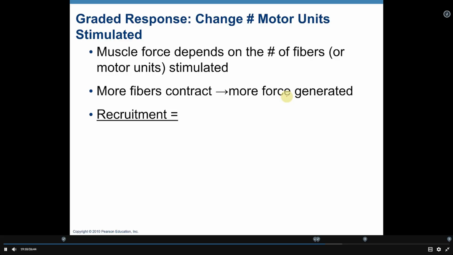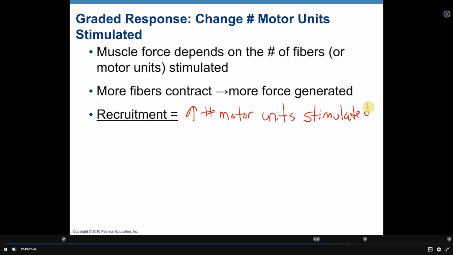This action, where you're increasing the number of motor units that are stimulated, is called recruitment. So think of it this way. If you have an army and you want your army to be more powerful, you recruit more soldiers. If you're a muscle and you want to produce more force, you recruit more motor units.